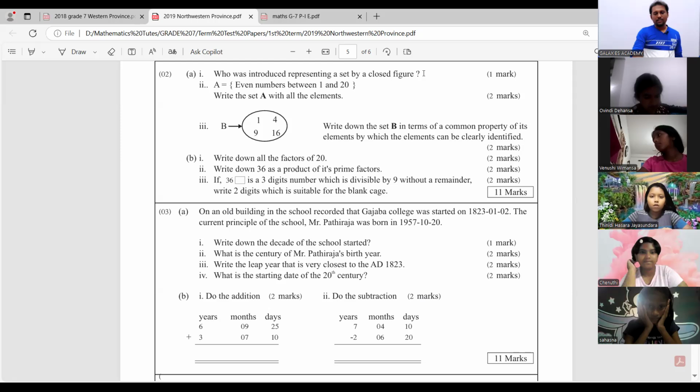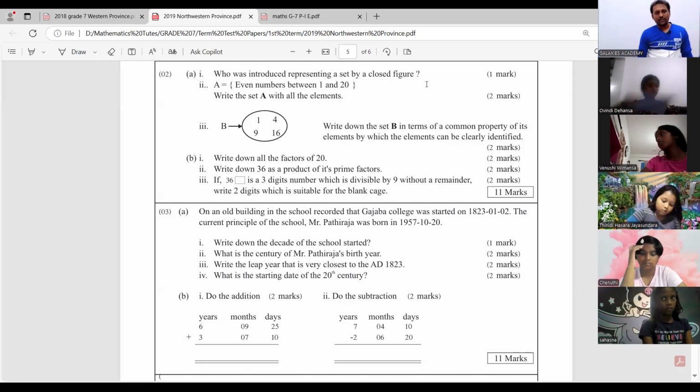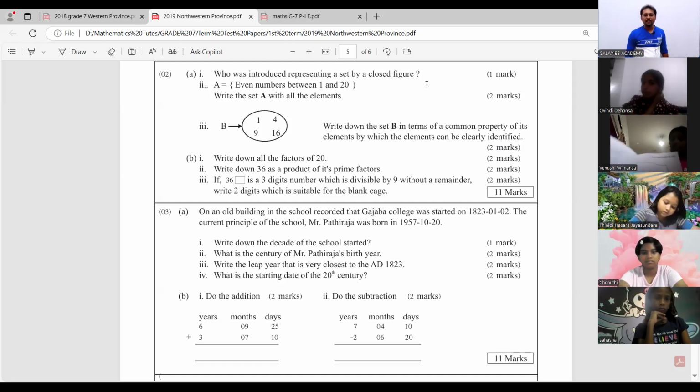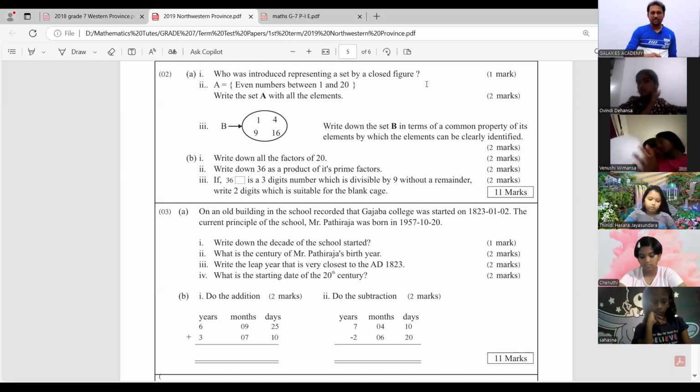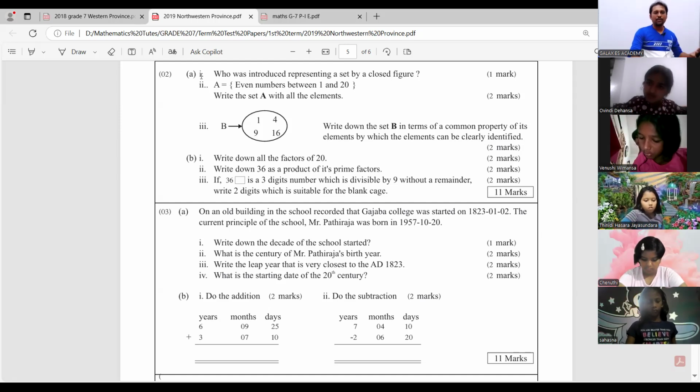John Venn. Mathematician John Venn. Right? So your first part answer of the second question is John Venn, because we call it the Venn diagram. Okay, quickly you can check your answer if you want. If you did not write the answers earlier, you can note them down. Second question, part A, first part. The answer is John Venn.